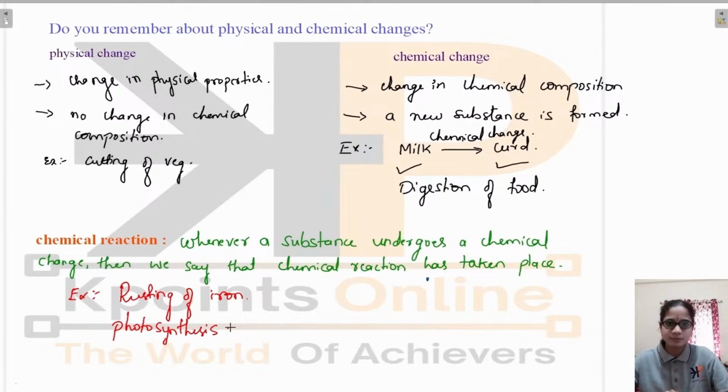A combustion reaction takes place. That is a chemical change. But if they ask about melting of wax, then it is not a chemical change. It is only changing its state there. It is melting, so we cannot call it a chemical change. It is only a physical change. So please keep in mind, in a chemical change a new substance is formed.